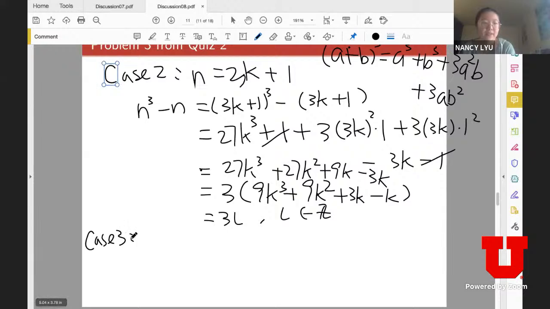And for case 3, it should be similar. You also start with n cubed minus n and substitute 3k plus 2.